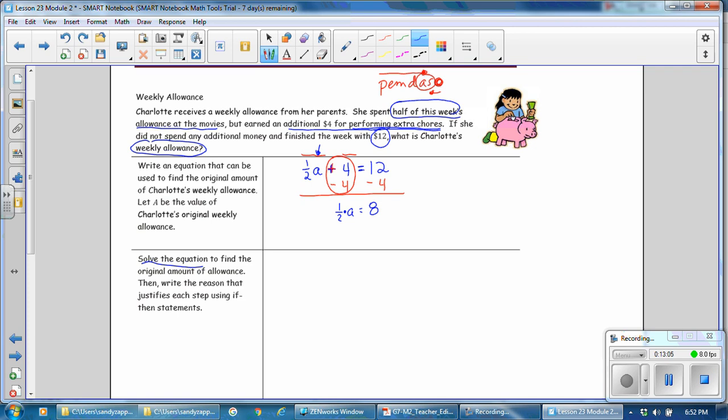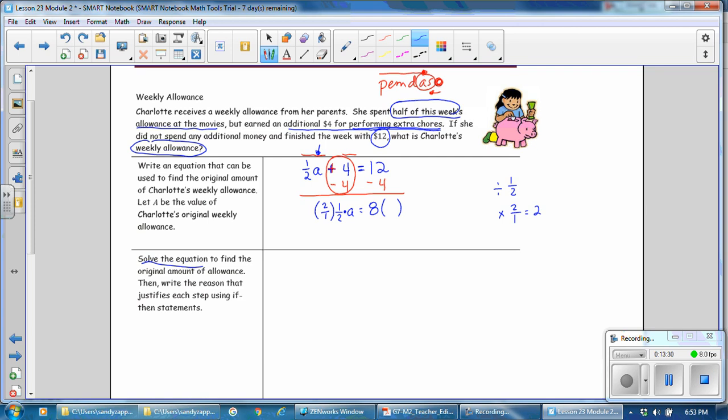So we are going to divide both sides of that equation by 1/2. If you're going to divide by 1/2, remember that to divide fractions, you have to multiply by the reciprocal, which is going to be 2 over 1. And 2 over 1 as a whole number is 2. So here we're going to multiply by the reciprocal, and I'm going to write this out first as a fraction.